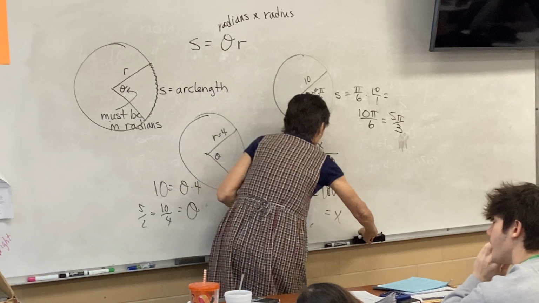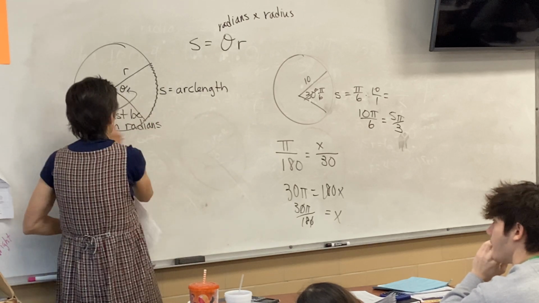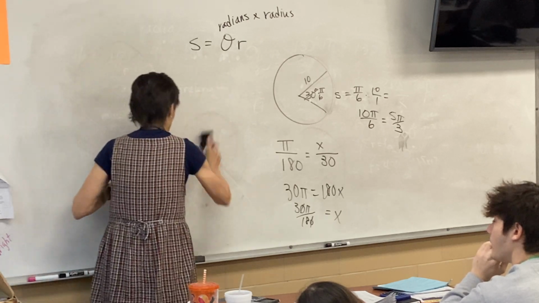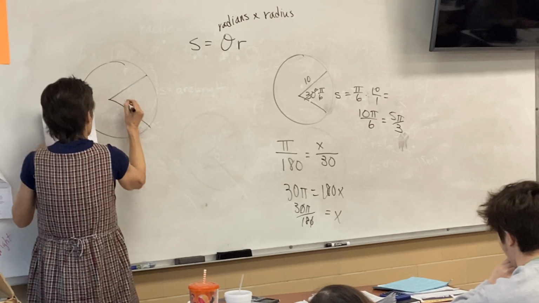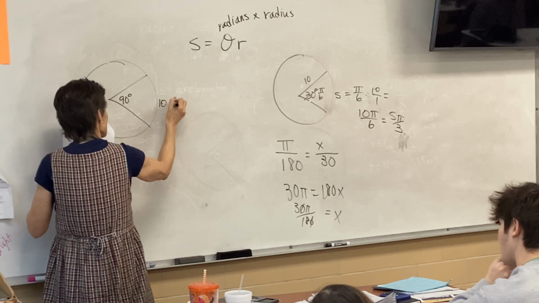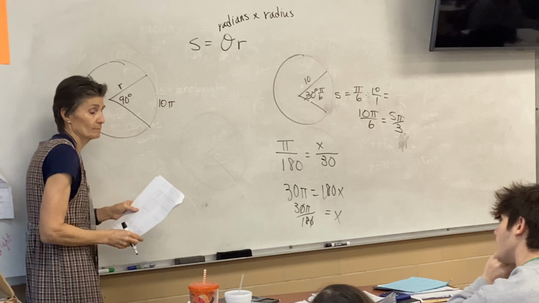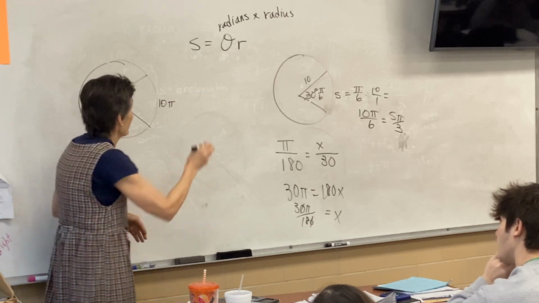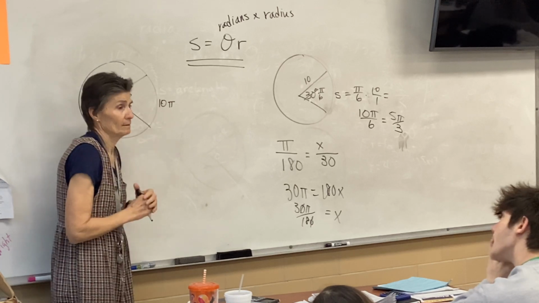All right, one more. What do I know this time? I know that's 90 degrees. I know my arc length is 10 pi, and I want to know my radius. Now, here's your formula. It's a very simple formula.